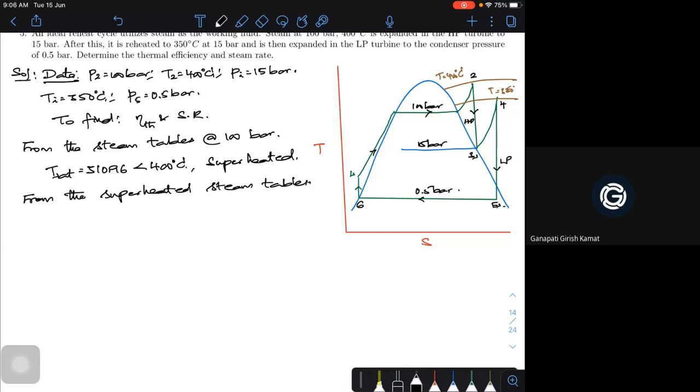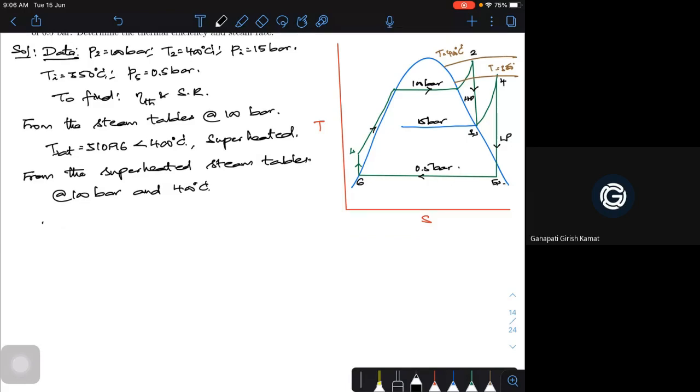At 100 bar and 400 degrees Celsius, let's find the enthalpy, that is H2. It should be around 3100 or something, 3099.9 kilojoules per kg. Then your entropy is 6.218 kilojoules per kg K.